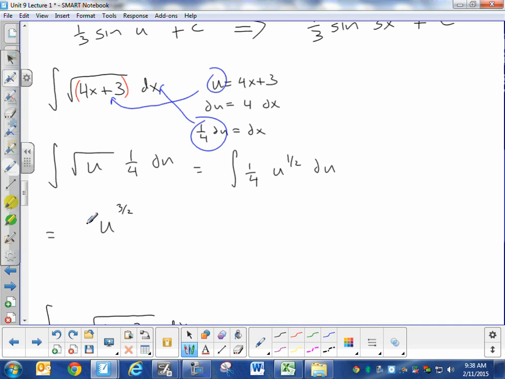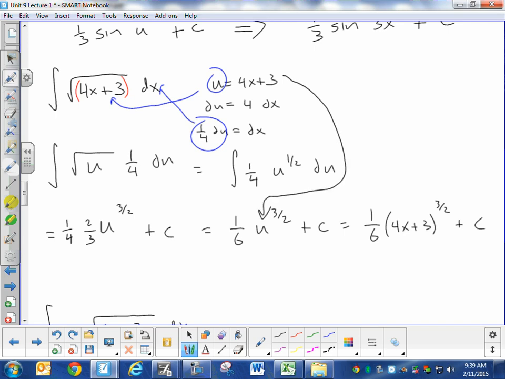I multiply by the reciprocal, that's 2/3, which I'll multiply by 1/4, plus c, which gives me 1/6 u to the 3/2 plus c, which gives me 1/6 (4x plus 3) to the 3/2 plus c, when I sub in 4x plus 3 back for u.